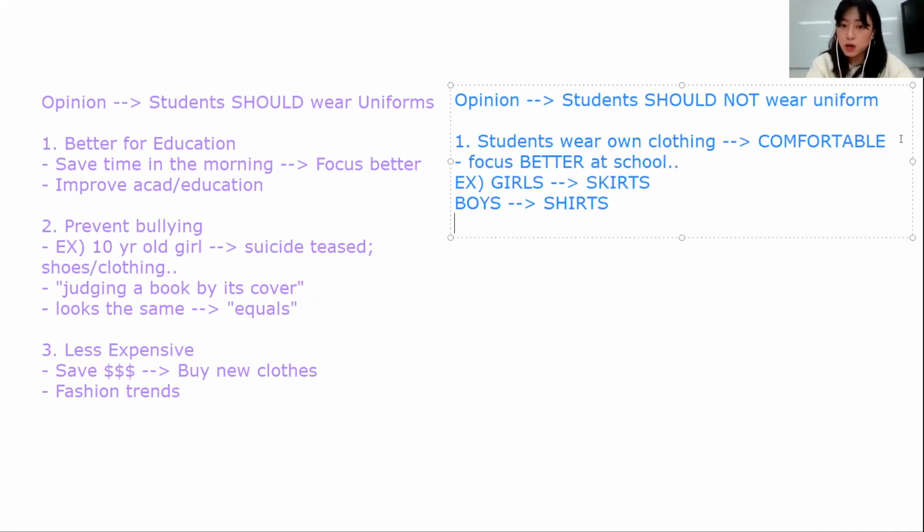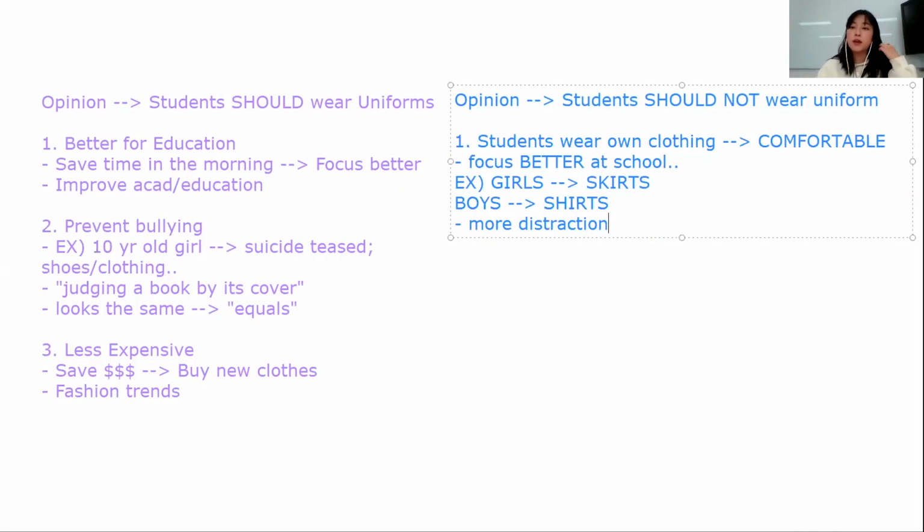So therefore, you could argue that because the students are not comfortable, it makes them constantly distracted about what they're wearing or how they have to sit or how they have to move. And this is actually causing more distraction. Okay, they can't focus on what the teacher is saying. They can't learn the things that everyone wants them to learn because what they are wearing is very uncomfortable for them.